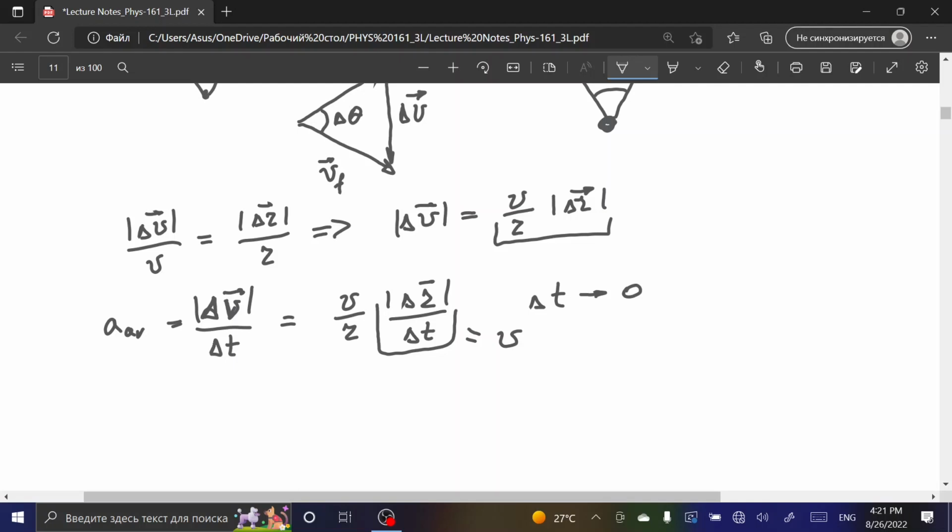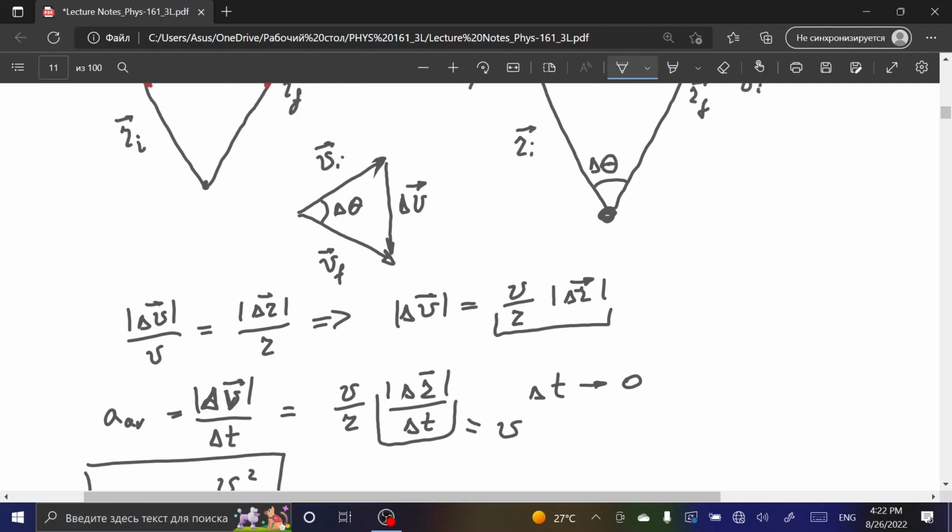So in that case, we can write for instantaneous acceleration already, which we call centripetal acceleration, that it will be equal to v squared divided by r. So that is the magnitude of centripetal acceleration, which originates from the change of orientation of the linear velocity vector. So the magnitude remains constant, but the orientation changes, and this orientation change causes the centripetal acceleration.